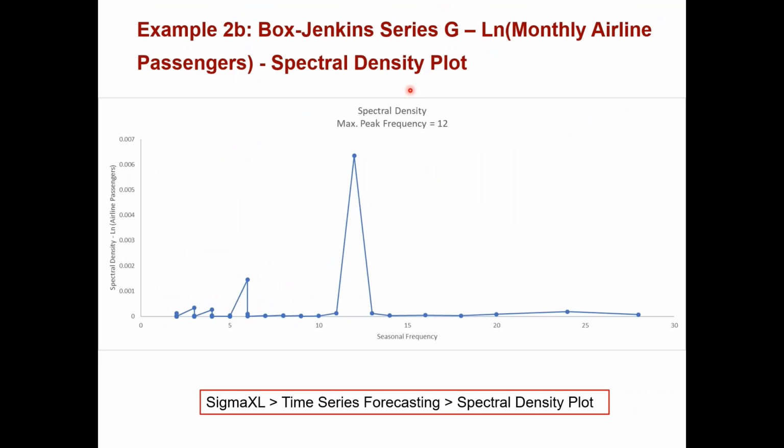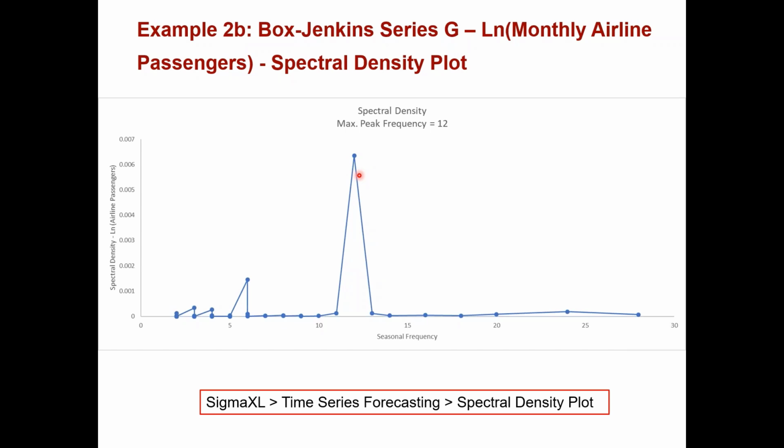Another thing we have is a spectral density plot. Here we know, because we have monthly data, that our frequency is 12, but sometimes you don't necessarily know your frequency, and you run the spectral density plot, and it will tell you what the seasonal frequency is. It will differentiate between values that are perhaps lower in signal strength, and it will actually do a test to compare signal strength and give you only those that are significant in terms of seasonal frequency.